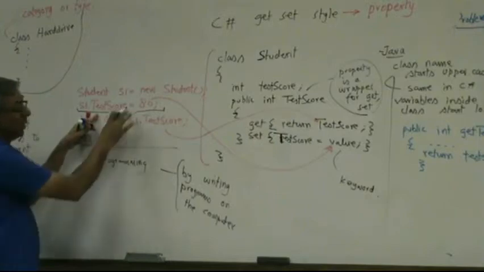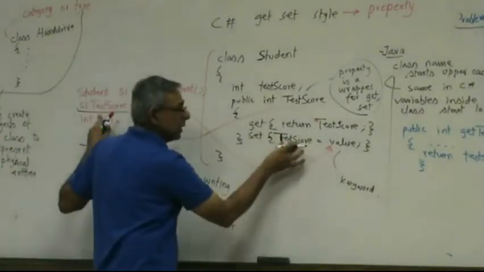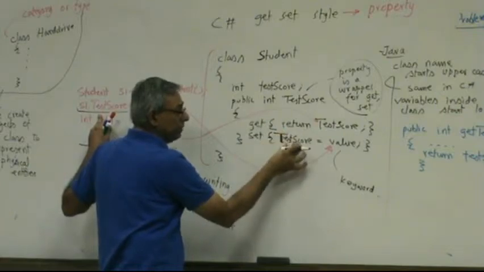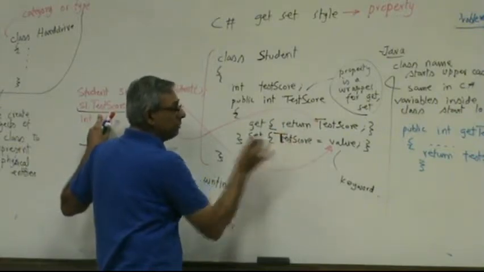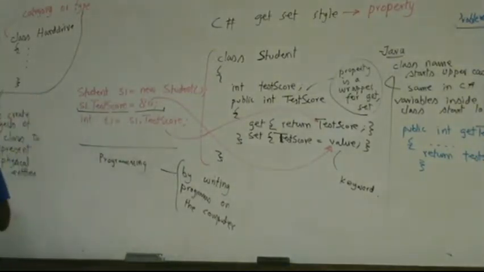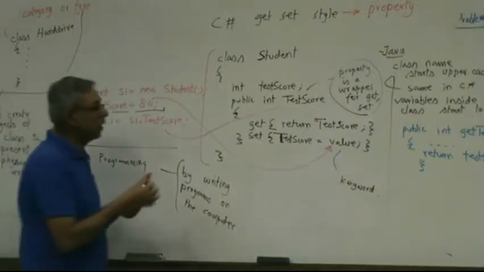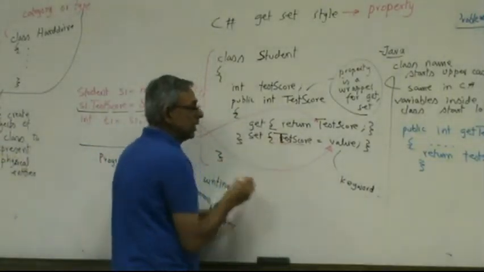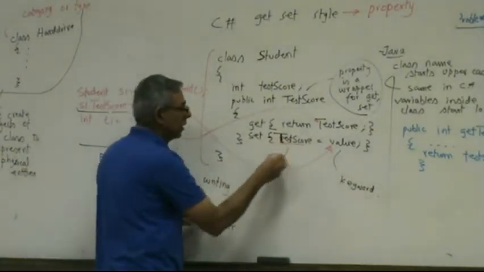If you put this capital, as soon as it sees test score, the capital T is on the left, right? If the capital T appears on the left, what's the meaning? Call which function? The set function. So as soon as we call this set and it tries to execute this, what will it do?